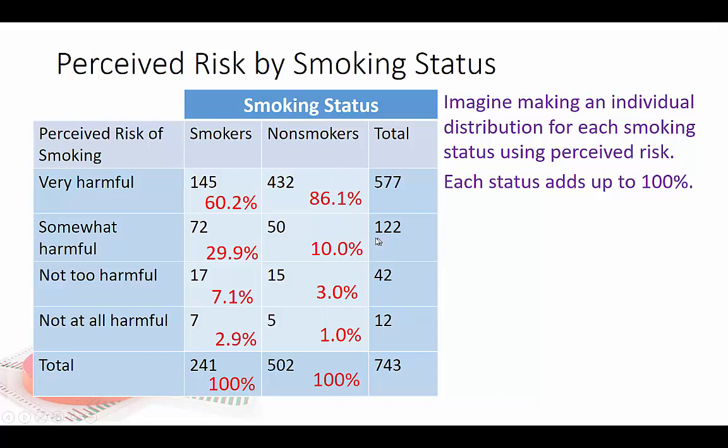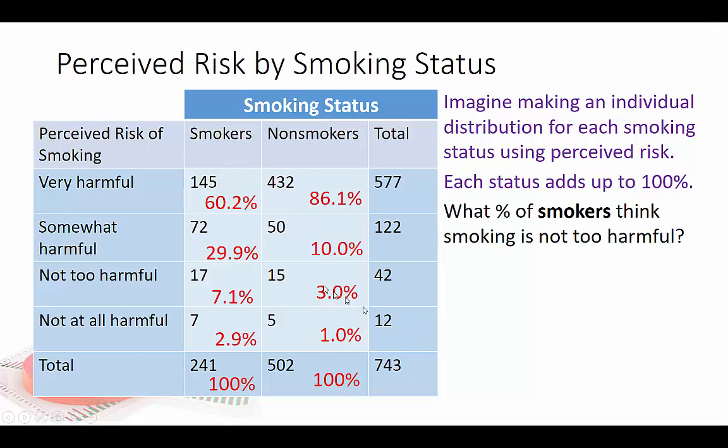So what percent of smokers, looking at only smokers, think smoking is not too harmful? Only 7% of them. I'm sorry, not at all harmful. Cross that out. Then not too harmful would be 7.1%, not 2.1%. If they asked not at all harmful, then it would be the 2.9%.